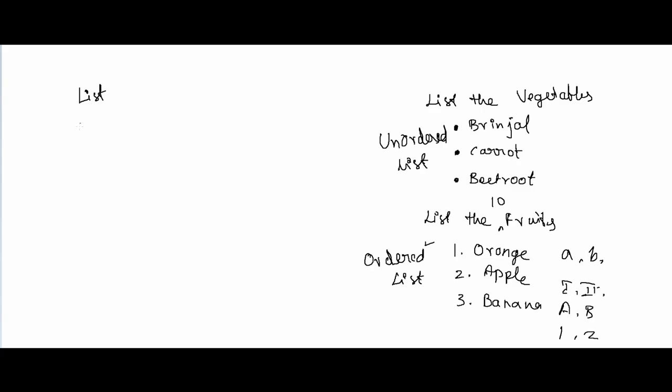To mention an unordered list in HTML, we can use UL as a tag. Okay, unordered list. Inside that, if I want to mention brinjal, carrot, beetroot, I am just mentioning LI. LI means list item.